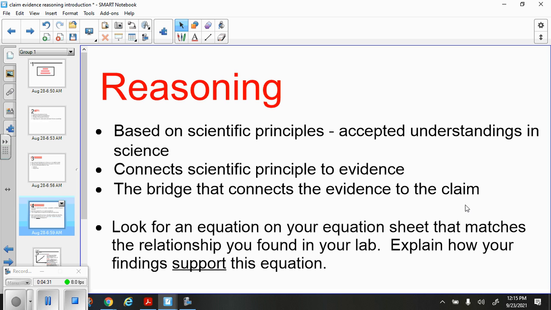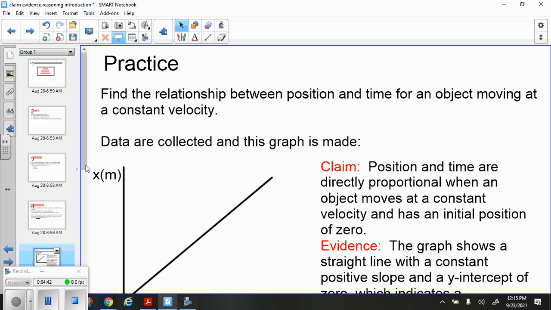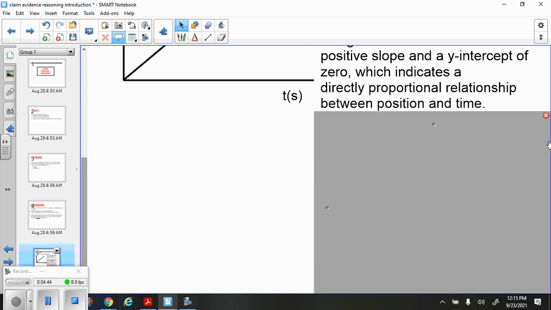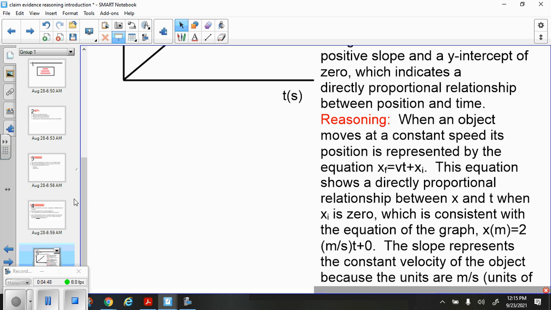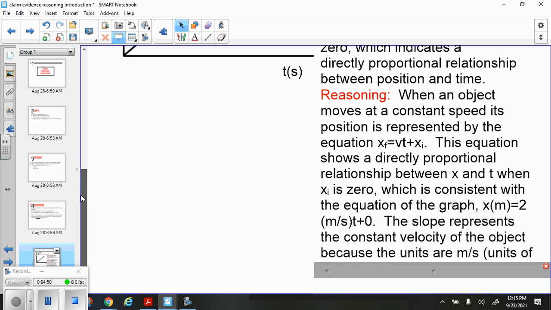So basically what you're going to do is look at your equation sheet, and you're going to find an equation that matches the relationship you found in your lab. And then you're going to explain how your findings support this equation. So when I go to the example here, I have: when an object moves at a constant speed, its position is represented by the equation position final equals velocity times time plus position initial.